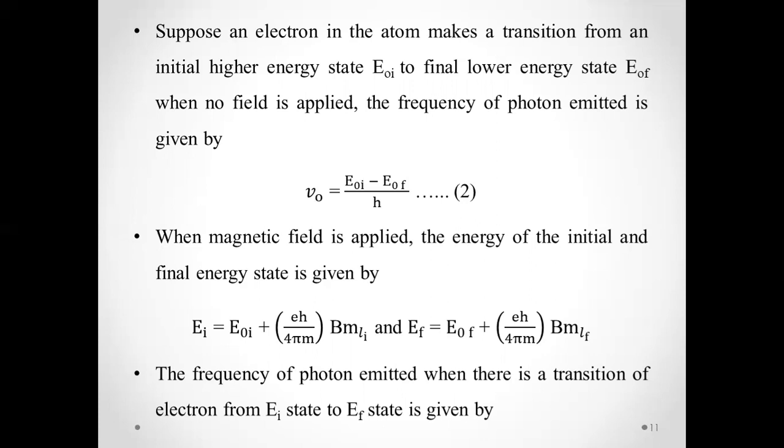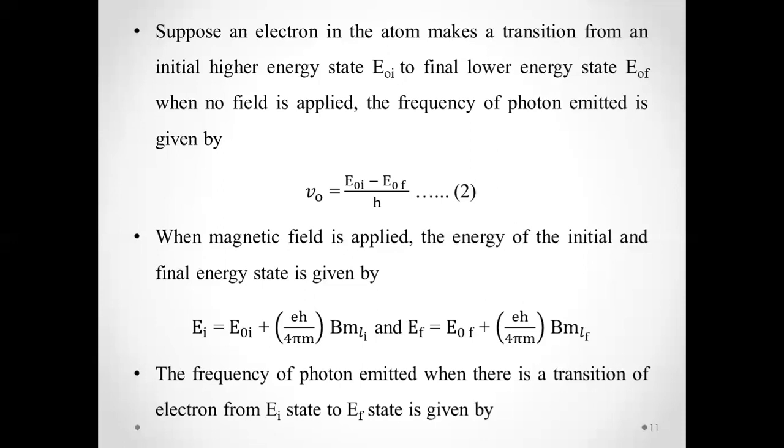When a magnetic field is applied, the energy of the initial and final states is given by EI is equal to E0I plus eh by 4 pi m into B into MLI, and the final energy EF is equal to E0F plus eh divided by 4 pi m into B into MLF.